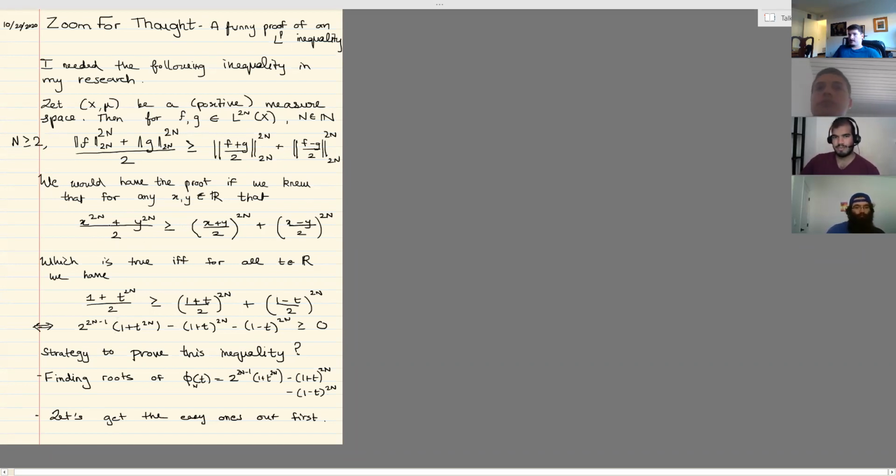If both x and y are 0, then this inequality is true. Suppose either x or y is non-zero, you divide both sides by x to the 2n or y to the 2n respectively, and writing t equals x divided by y or y divided by x, we get this equation over here.